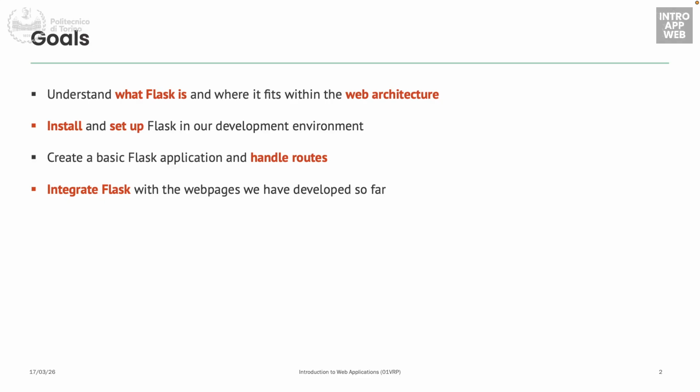So if you write polito.it and then /students, it will retrieve some website. But then if you write /professors, it will retrieve a different website. So the routes basically refer to that specific location that retrieves a specific HTML. And then we will see how to integrate Flask with the page that we have built so far, okay?